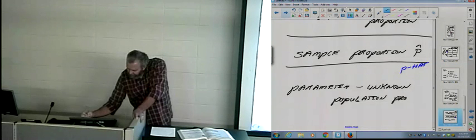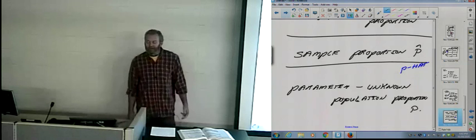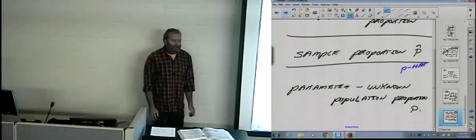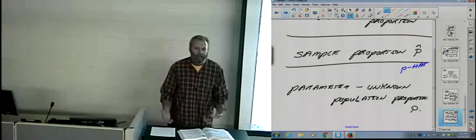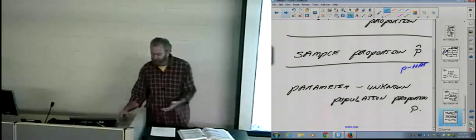It's denoted by P. So this is your parameter now. Your parameter is no longer a mu, not the mean. Your parameter is P. It's a population proportion. Your sample proportion, P hat, that's going to be your statistic.